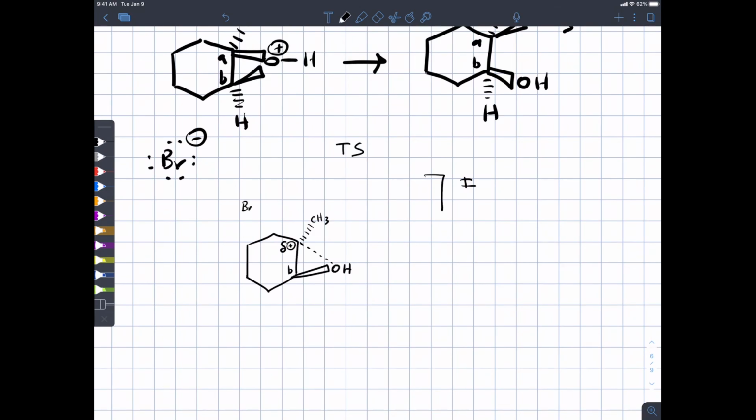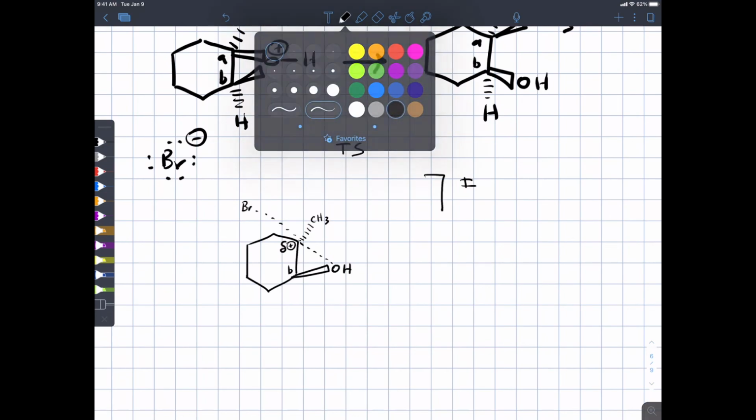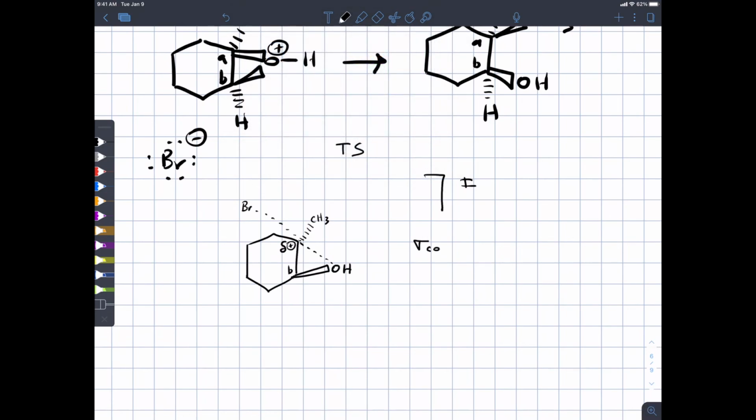So you can imagine a transition state where the carbon-oxygen bond is mostly broken and the new carbon-bromine bond mostly not formed yet.